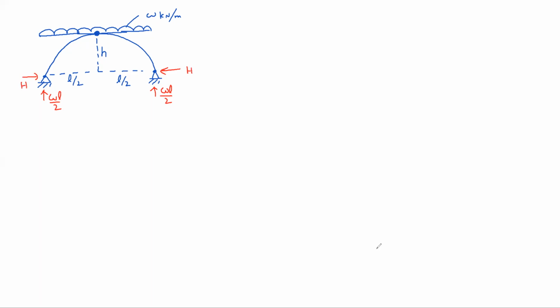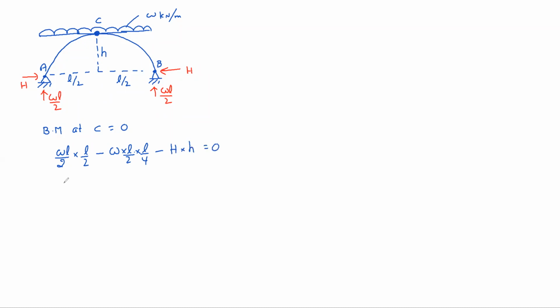So what is the H value here? Horizontal reaction, horizontal thrust, how much? That is taking moment about hinge, 0. So bending moment at C location, okay? Bending moment at C equal to 0. That is, WL by 2 into L by 2 anti-clockwise minus W into L by 2 into L by 4 clockwise, and another clockwise is H into H equal to 0.